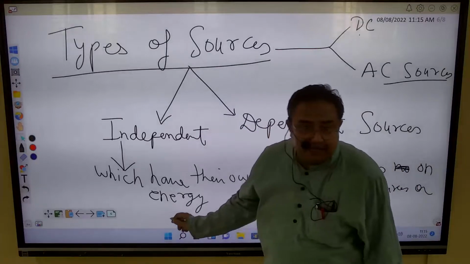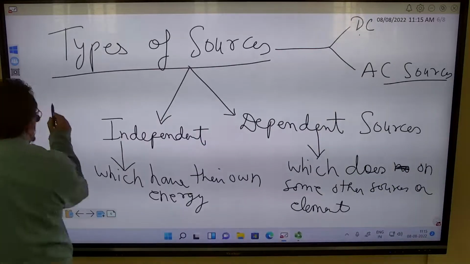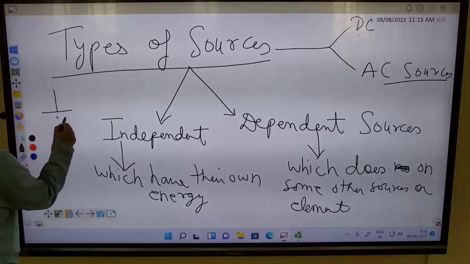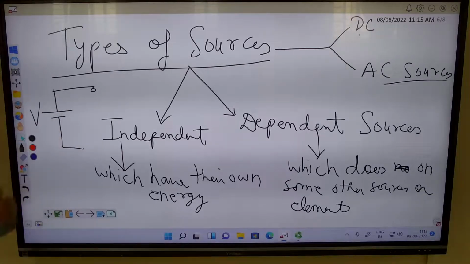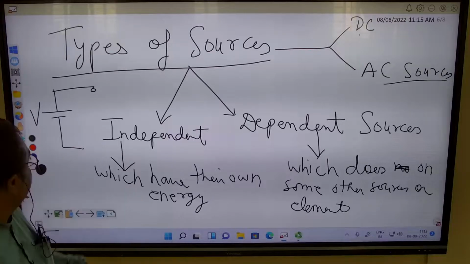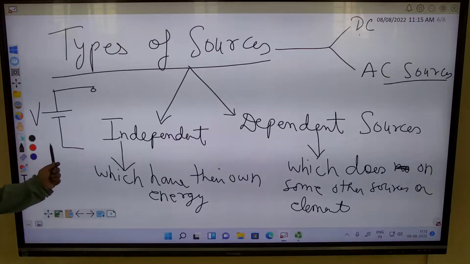Okay, so independent is very clear. So for example, this is a battery of V volt. This comes under the category of independent source. Clear?